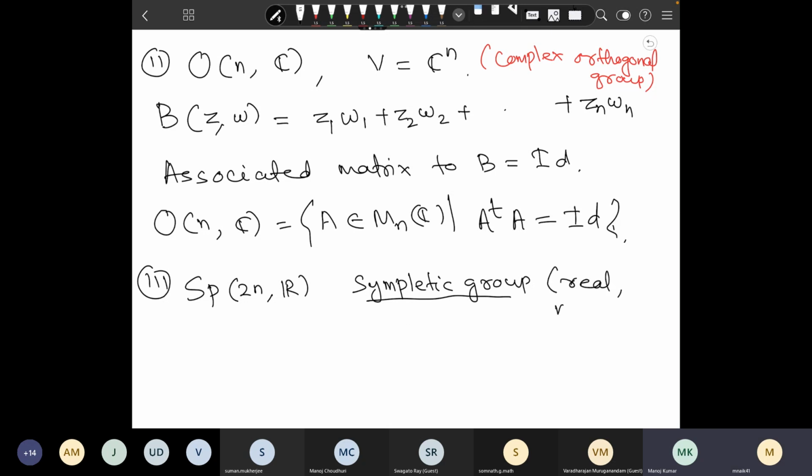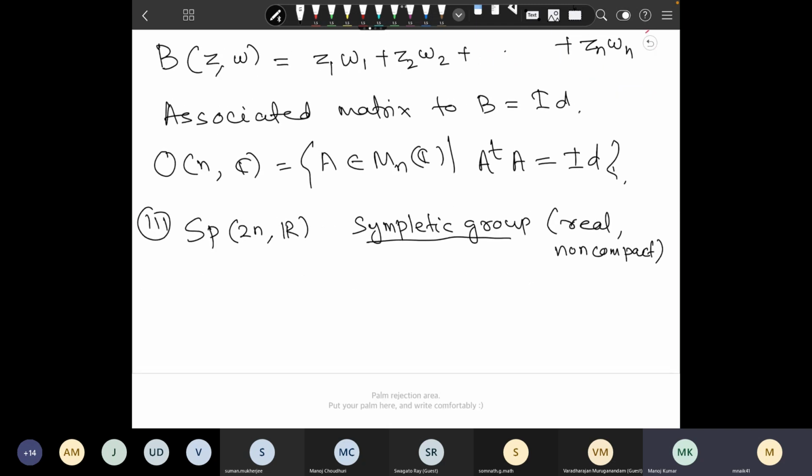You will see that it is non-compact, and since it contains real matrices, it is called a real non-compact symplectic group. We write 2n, but some books also write Sp(n,R). For that reason, there are some confusions.